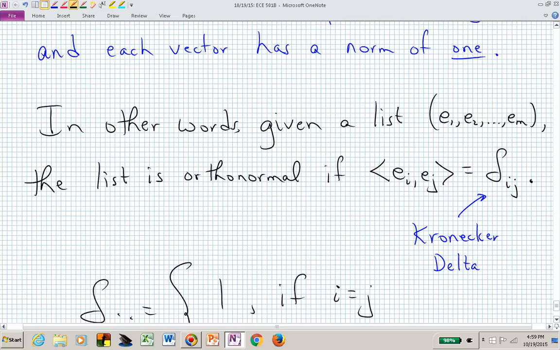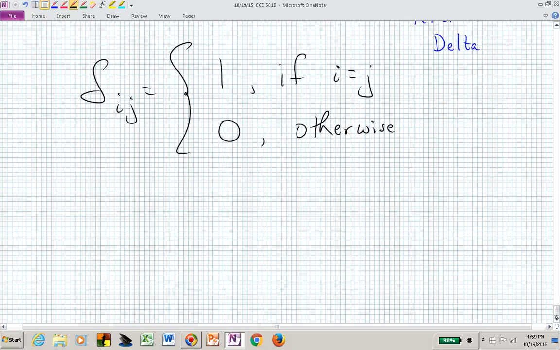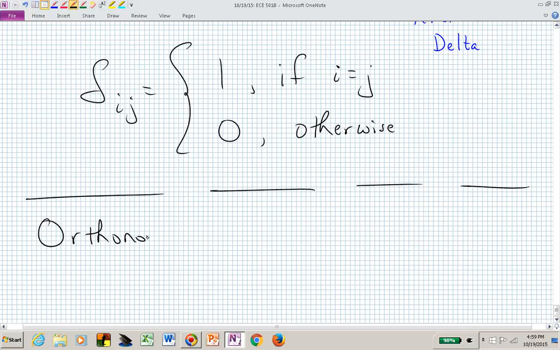But we could still have a list of 3 orthonormal vectors in R10 or C10. That's all we're saying so far. But we aren't discounting the usefulness of these vectors. They're very useful. Orthonormal lists are particularly useful.